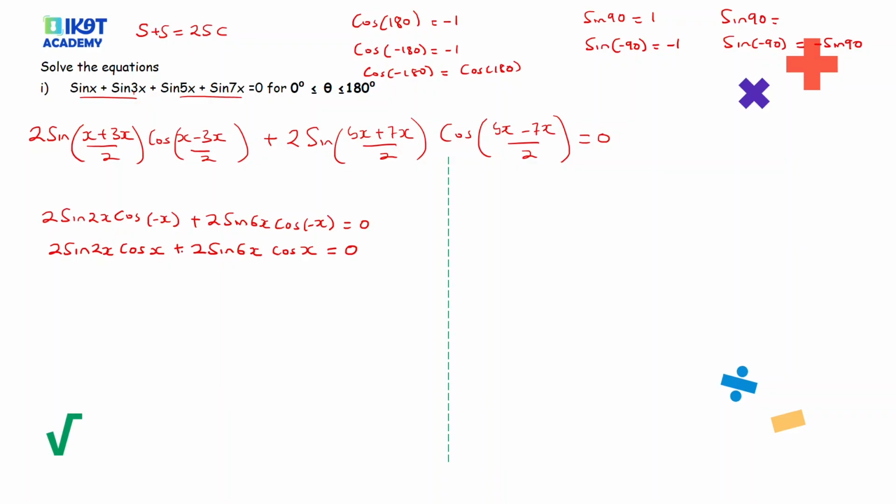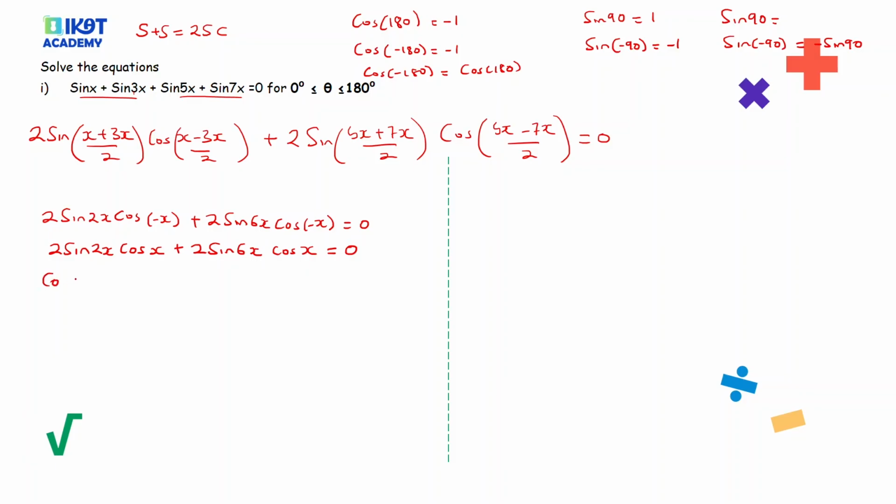Now we look for what we can factorize out, and we can factorize out cos x.